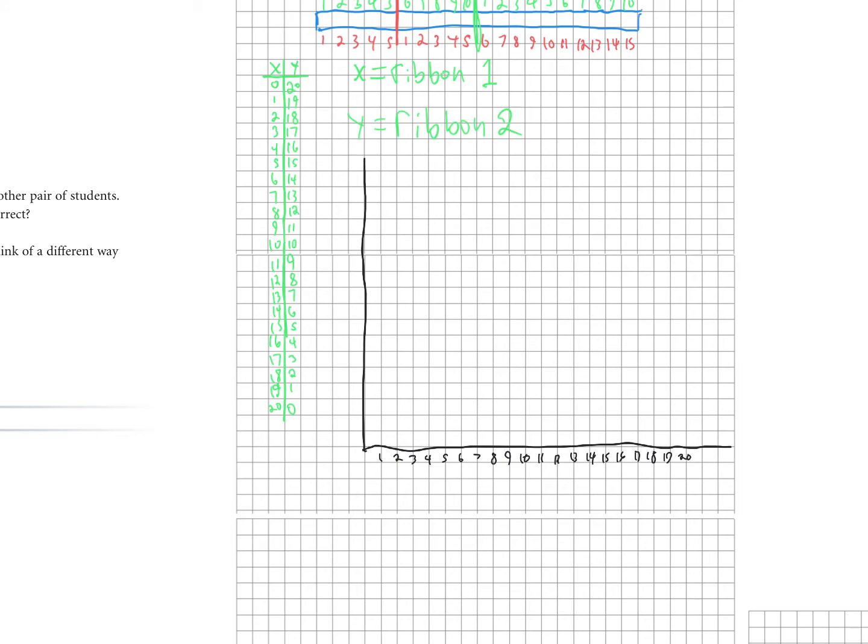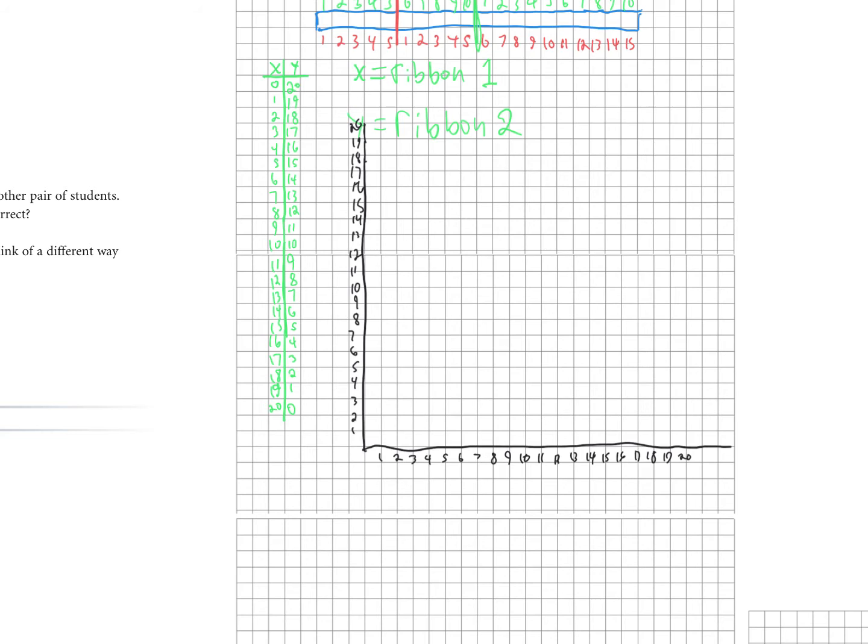And of course, going up, we need the same numbers, 1 through 20. Well, this extends up into where I'm writing, but it's all right.